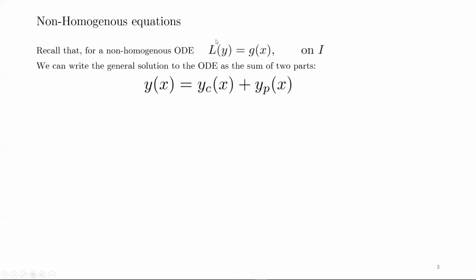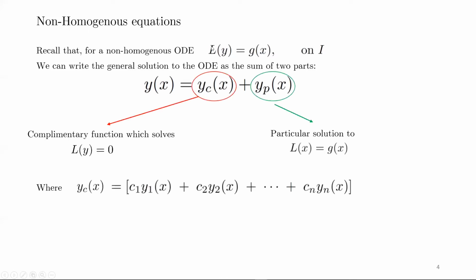Okay, so recall we can write the solution to this ODE as the sum of a complementary term and a particular solution. And recall that this complementary term, this complementary function, solves the homogeneous version of this ODE. So y_c, the complementary function, solves L of y equals 0. Okay?